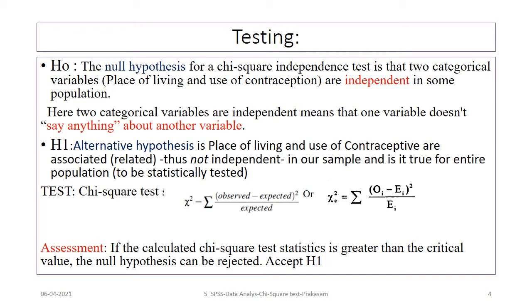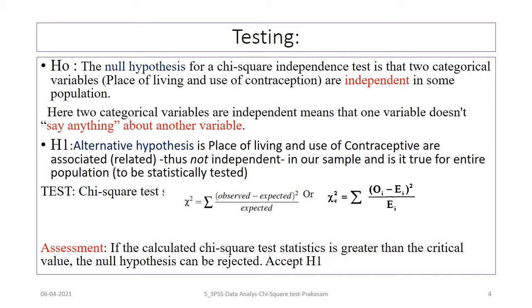Here independent means that one variable does not say anything about another variable. If the test rejects H naught, then we have the alternative hypothesis, called H1, that place of living and use of contraception are associated, or not independent, in our sample, and it is true for the entire population.